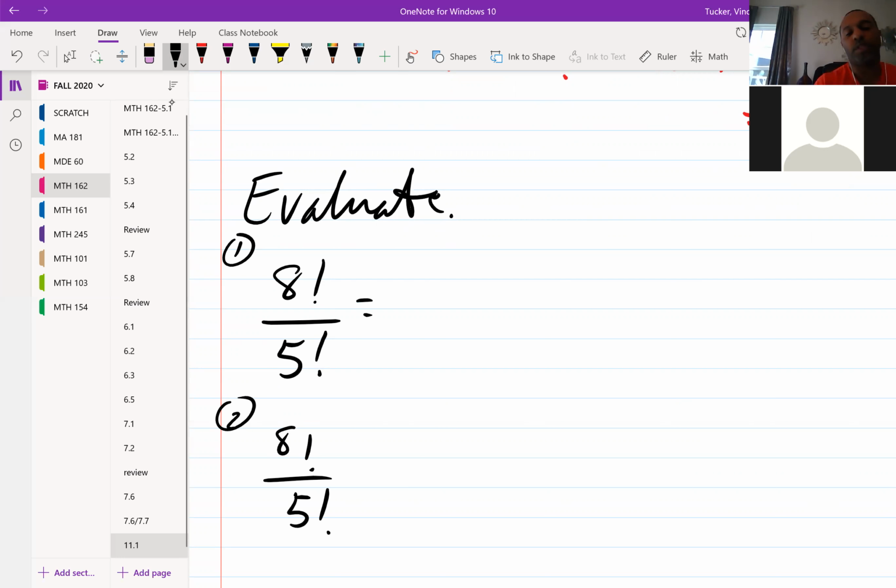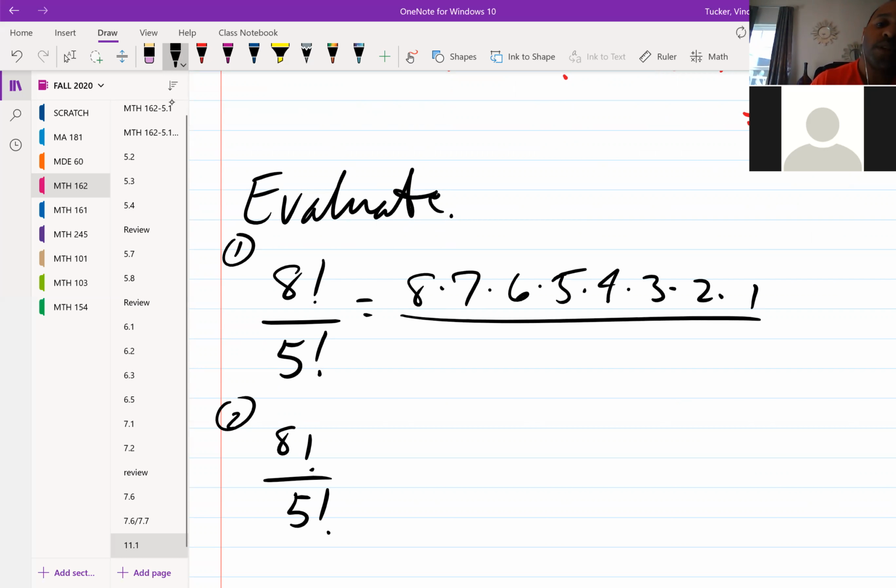So if I want to simplify this, this is 8 times 7 times 6, 5, 4, 3, 2, 1. 5 factorial is 5, 4, 3, 2, 1. So now we know how fractions work. Since all of this is multiplication, I can cancel out 5, 4, 3, 2, 1, because that's what I have in common with the top and bottom.